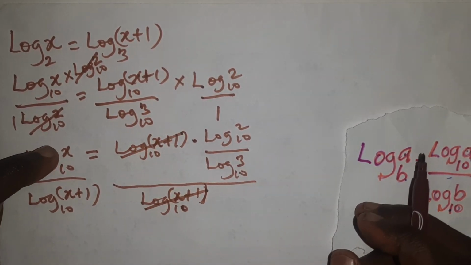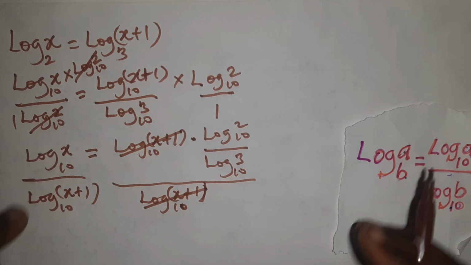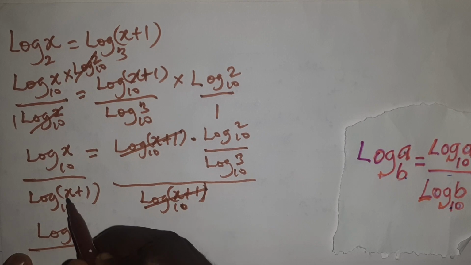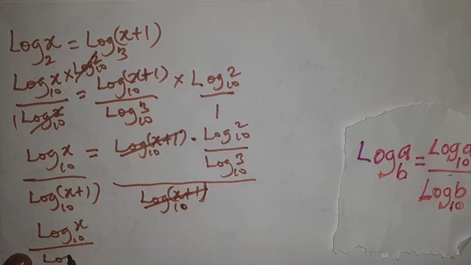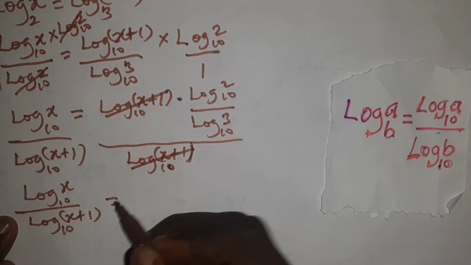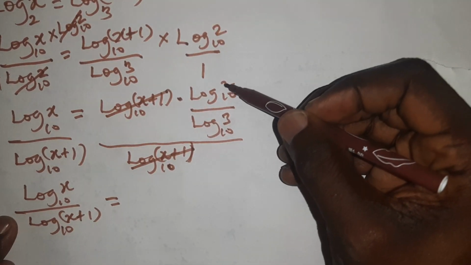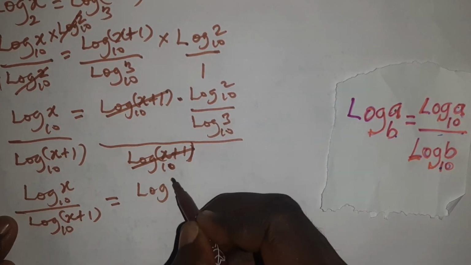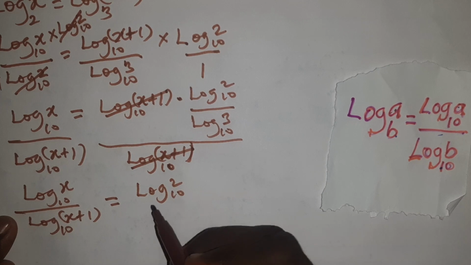I'm left with log x base 10 over log x plus 1 base 10 equals, then this is left on the right hand side, log 2 base 10 over log 3 base 10.